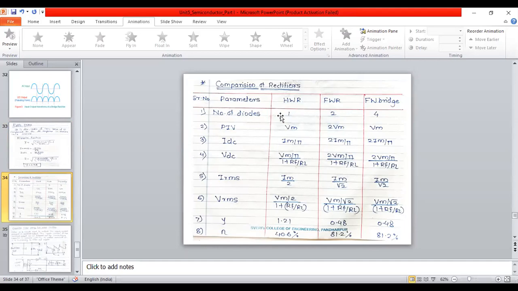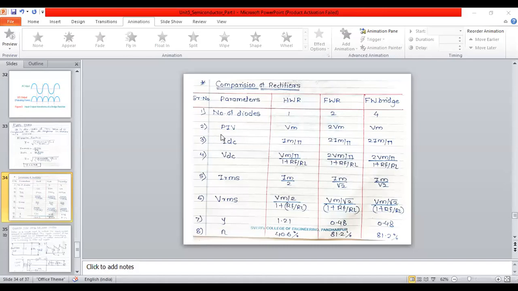One diode, so we get only half output. For the full wave rectifier, two diodes. And for the full wave bridge rectifier, four diodes are used.